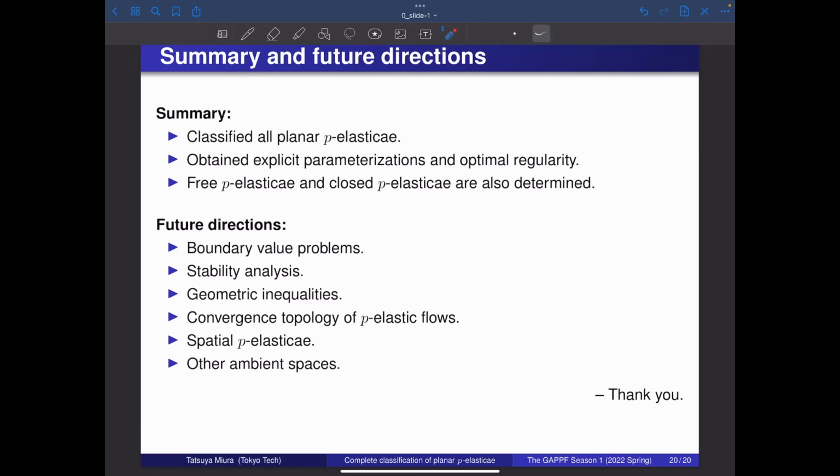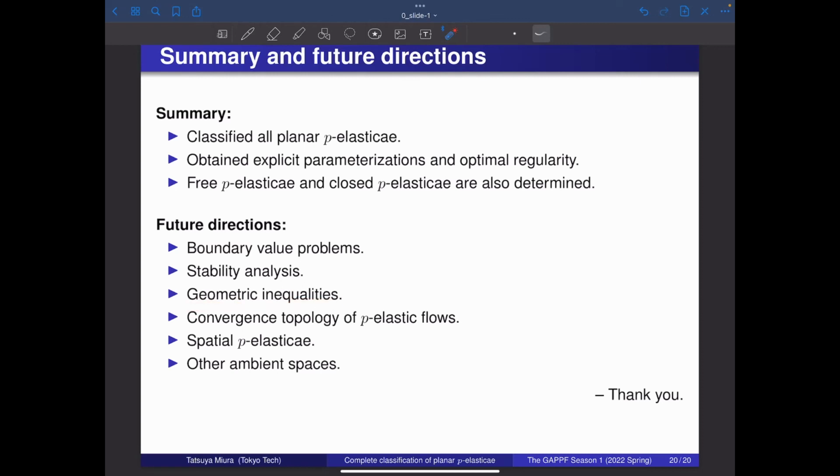And there are many future directions in this field. For example, boundary value problems are in general not solved, or the stability of p-elasticae is completely not known at this moment. And also we are interested in some geometric inequalities.